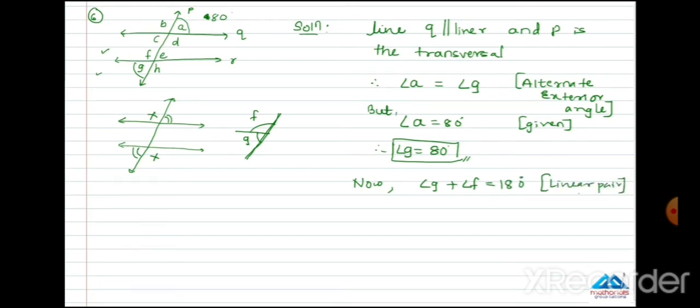We have the value of G, so we will put the value of G in this equation. G is 80 degree plus F, which we don't know, write as it is, 180 as it is. Now 80 goes to the other side of equal, it becomes minus. So angle F equals 180 minus 80. So we get angle F equals 100 degree by using linear pair.